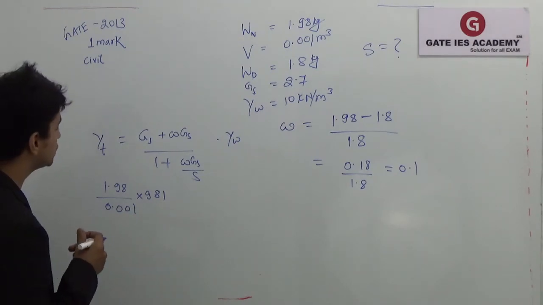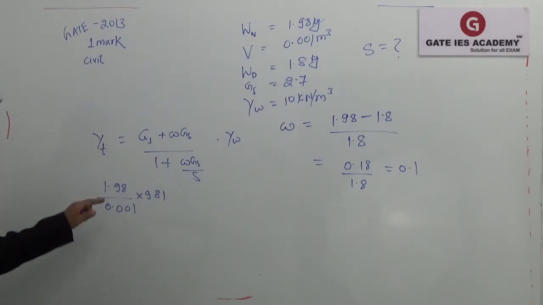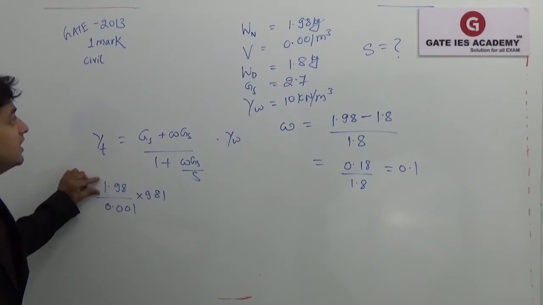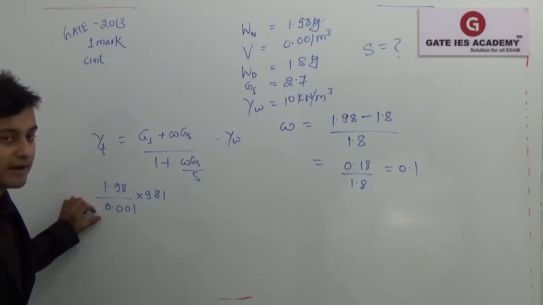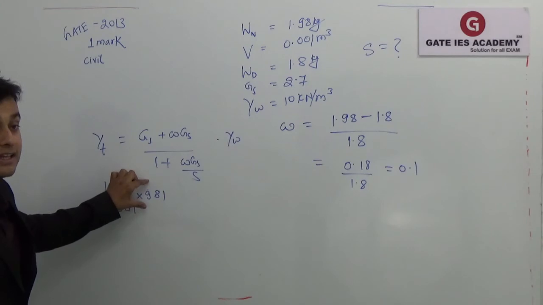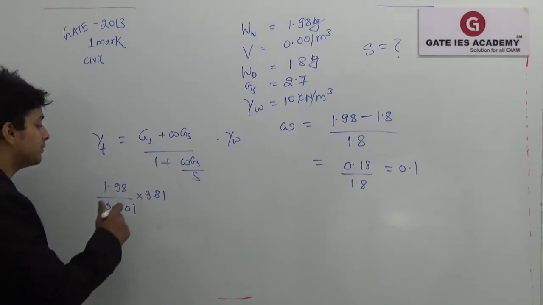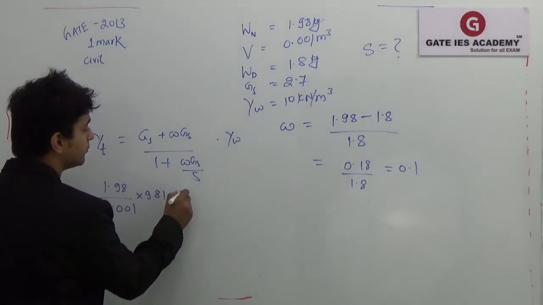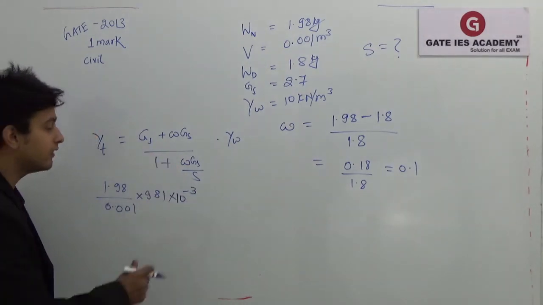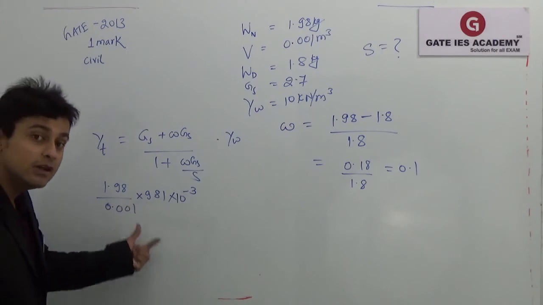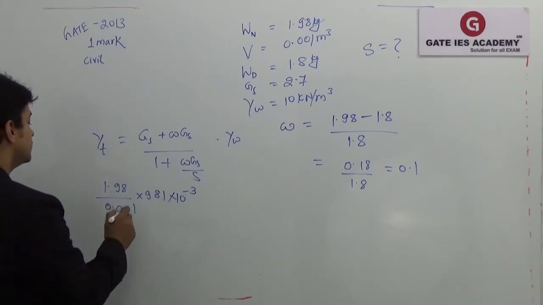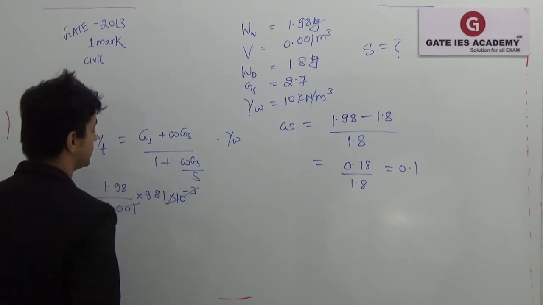Because this is mass, mg will be my total Newton, upon meter cube, which gives me Newton per meter cube. That is very important. This will be multiplied by 10 to the power minus 3 also, to convert into kilonewton per meter cube. So these two will cancel each other.